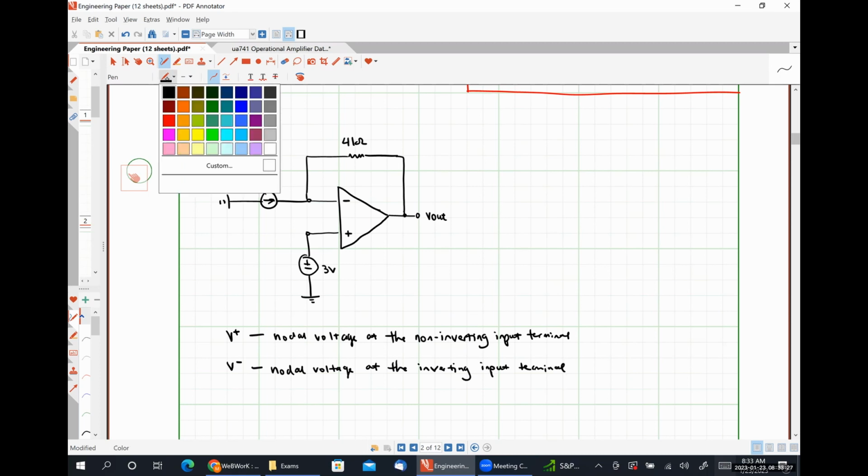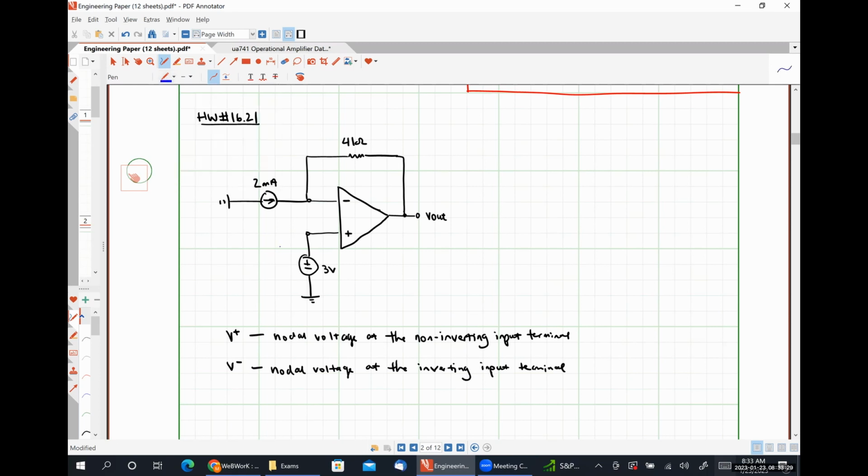So always, the voltage that's connected to this plus sign is V plus. And always, the voltage that's connected to the terminal at this minus sign is V minus. Does that clarify things, Hannah?